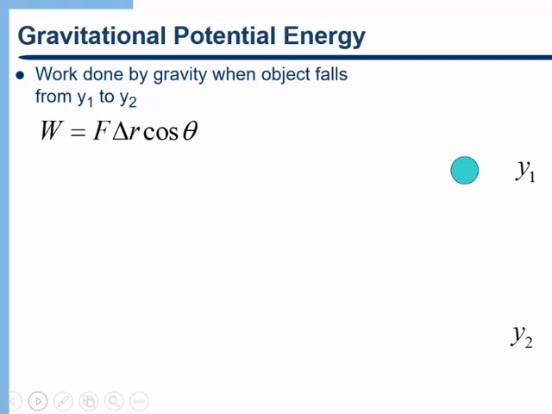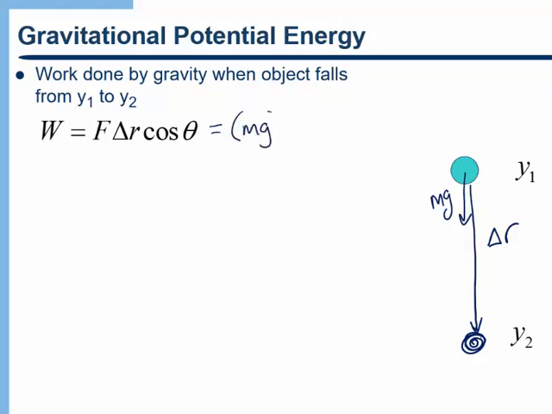So what I want to do is first figure out how much work would gravity do as an object falls from position y1 to position y2. Well, we know that gravity is in the downward direction. We want delta r to also be down. Our object is going to end up down here at y2. And we now can just go ahead and calculate this. So we've got the force of gravity. We've got delta r.